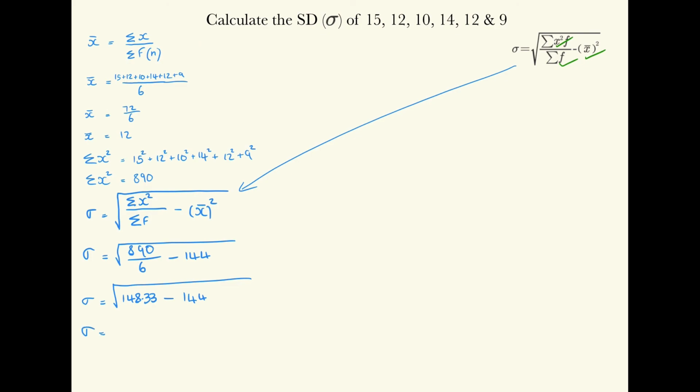Standard deviation, again, let's solve underneath the square root sign. So 148.33 minus 144, that's equal to 4.33. And if we just square root 4.33, we'll get our standard deviation, and that's equal to 2.08.